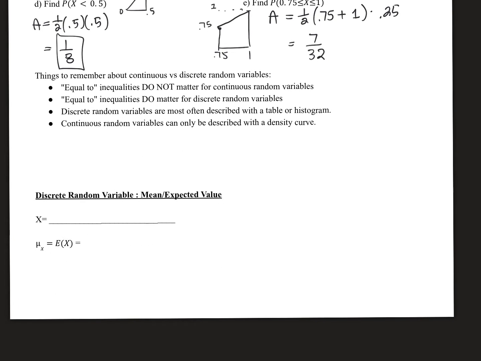So with discrete and continuous random variables, we can find a mean and standard deviation for each of those. Just remember, for discrete random variables, x equals the numerical outcome of our random event.